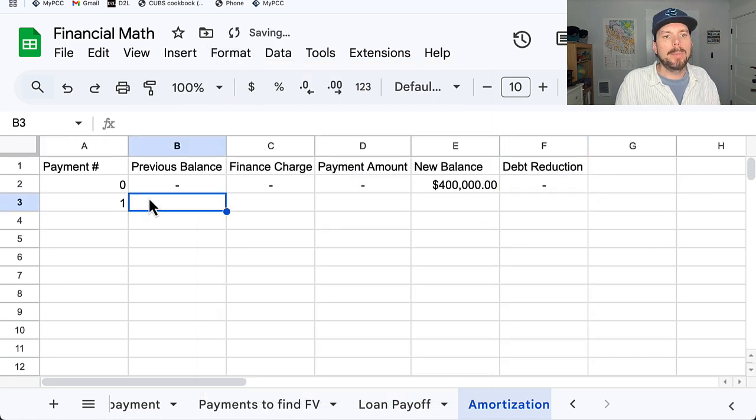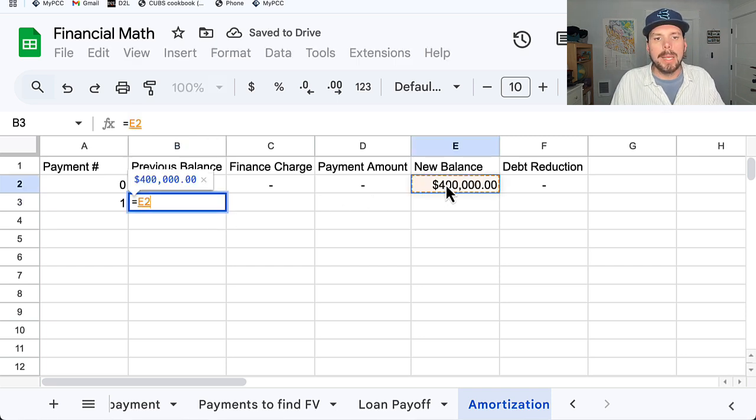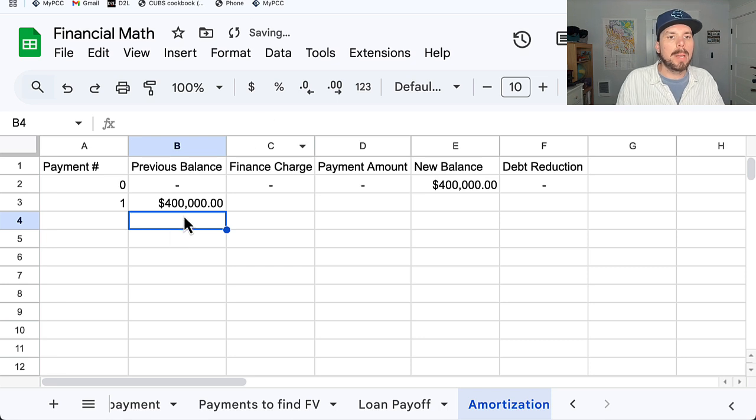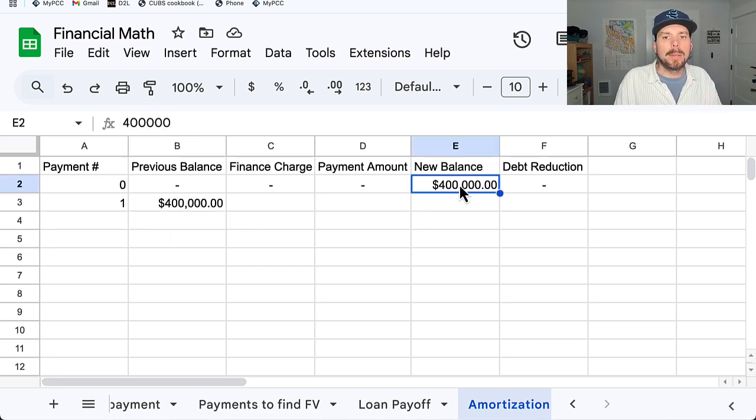Now I'm going to establish the rule that we're going to use for all the rest of it. We're always going to take the new balance from before and use that as a previous balance and base our calculations on that. But what it does is it creates kind of a seed cell up top here where we can just change that and change all the results below.